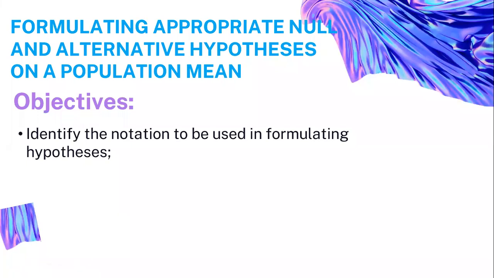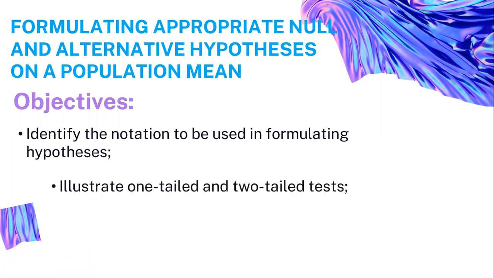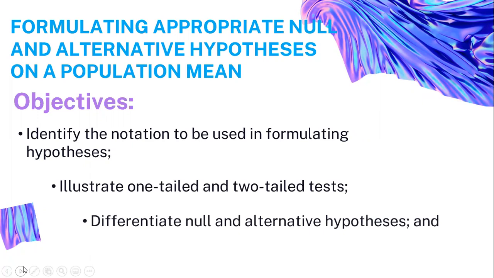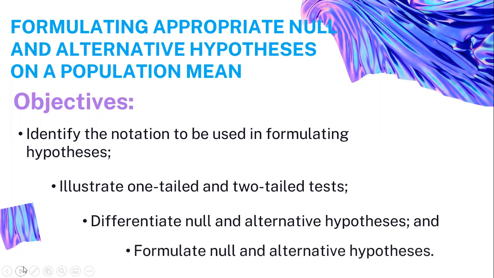So these are the objectives. Identify the notation to be used in formulating hypothesis. Illustrate one-tailed and two-tailed test. Differentiate null and alternative hypotheses. And formulate null and alternative hypotheses.